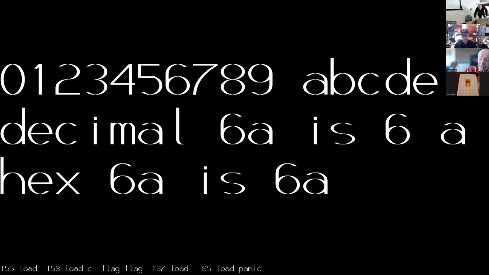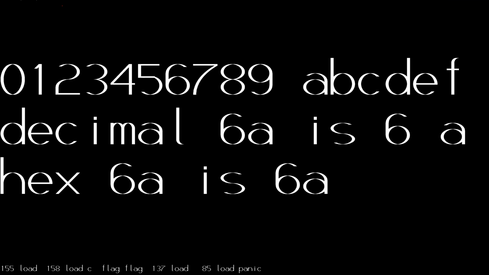0 through 9 are the decimal characters. A through F are the hex characters. And this version of Forth does not have words separated by spaces. It has words separated by a stopper character. So a decimal number has a stopper set at 9.